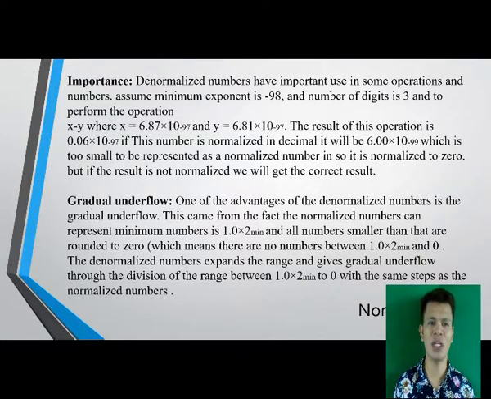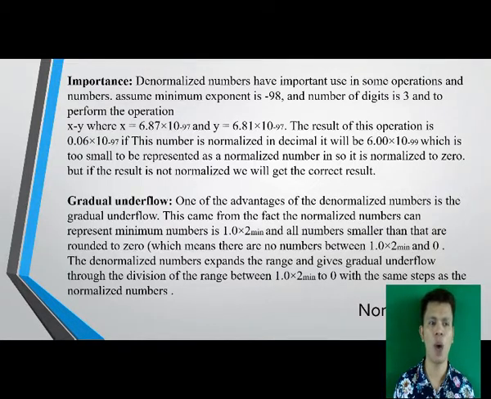The result of this operation is 0.06 times 10 to the negative 97. If this number is normalized, it will be 6.00 times 10 to the negative 99, which is too small to be represented as a normalized number, and so it is flushed to 0. But if the result is not normalized, we will get the correct result.